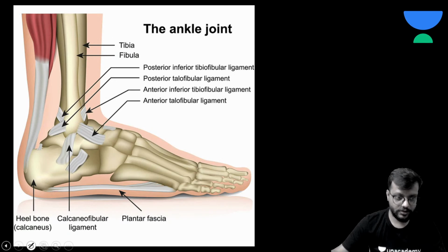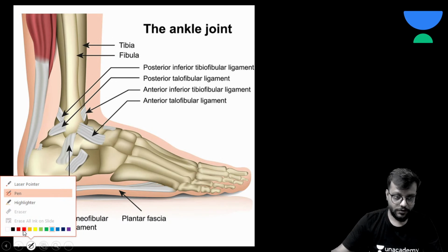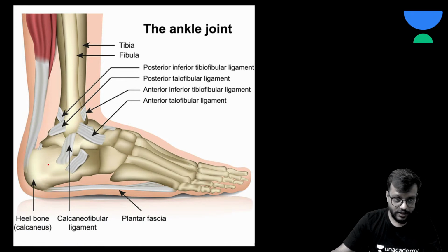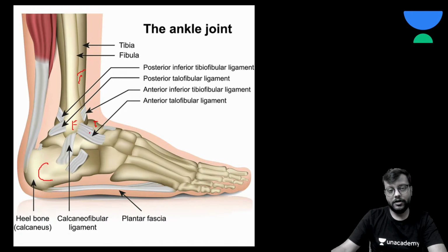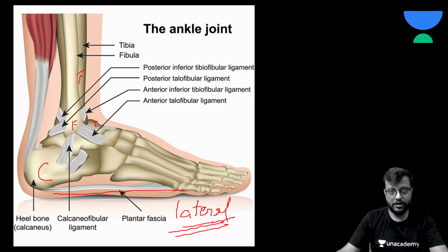See here in this image, you can easily appreciate this is calcaneum and this is fibula, this is tibia, and here you will have the talus. Okay, and talocalcaneal and the tibiotalar, this will be your medial collateral ligament. So this is your lateral surface, so that's why we are not able to appreciate the medial collateral ligament here.